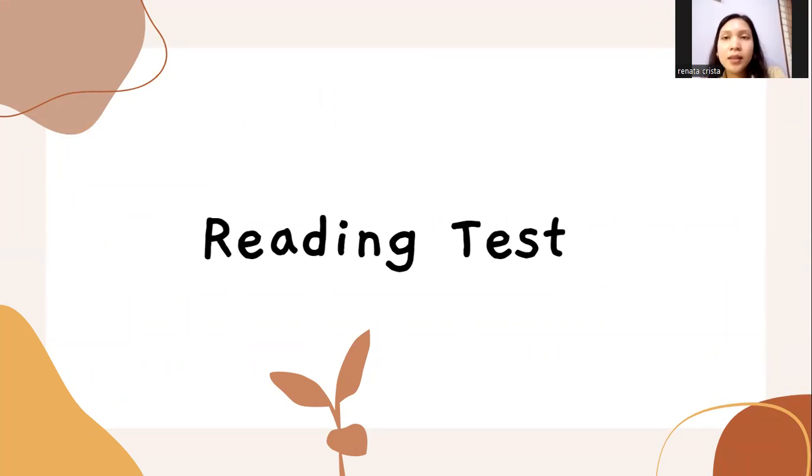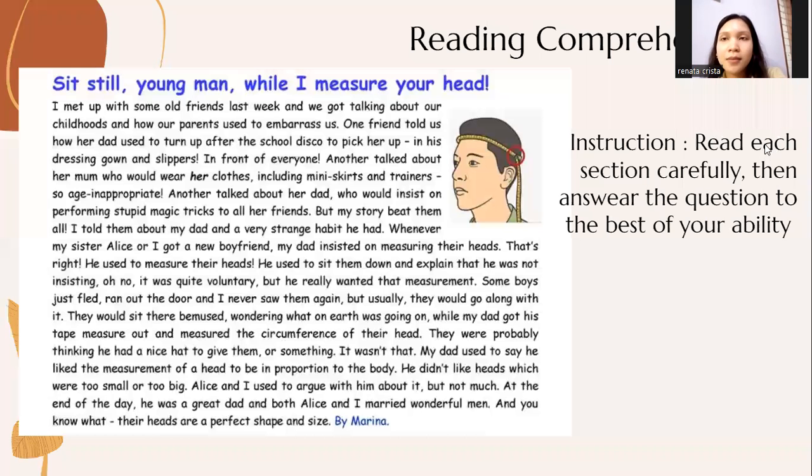Now the reading text. First, the reading comprehension. For this reading text, the instruction is to read each section carefully and then the student answers the question to the best of your ability.